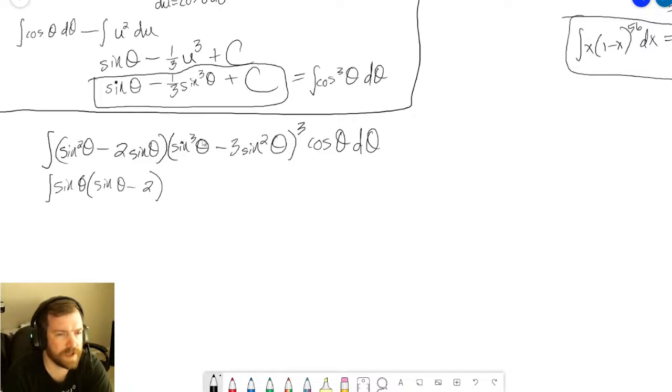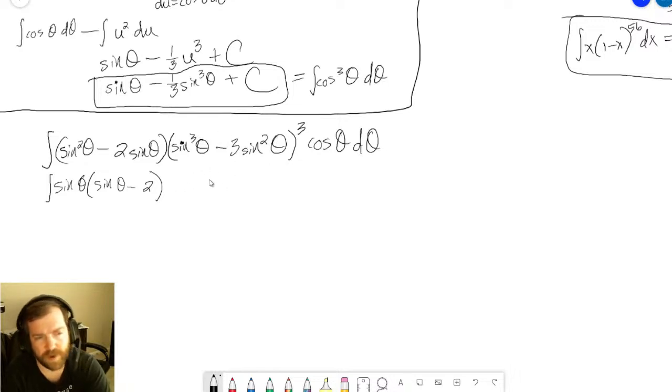This stuff here has two sines in common. So if you want to take out a sine squared, and then here you have to cube it, since it's multiplied, this is actually a perfect opportunity to use this. So take out sine squared from both terms, and then cube it.